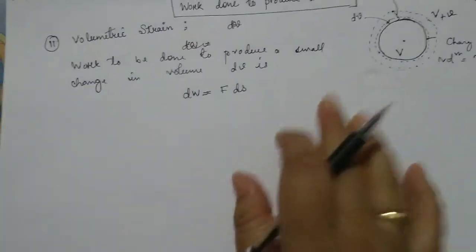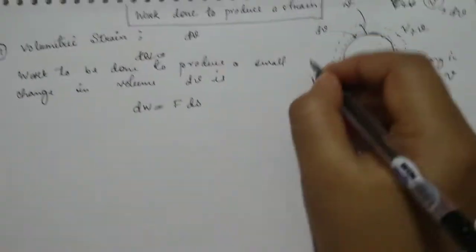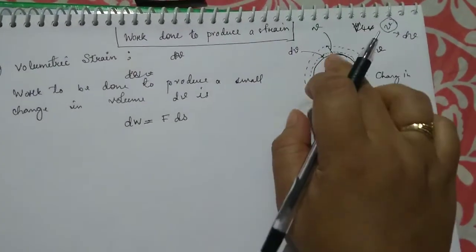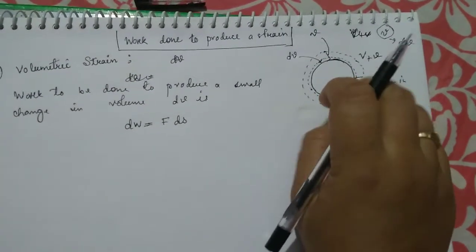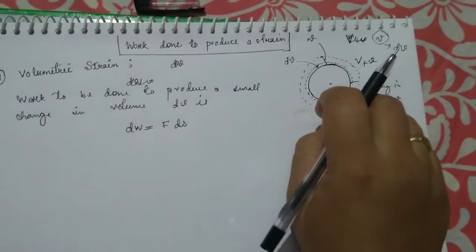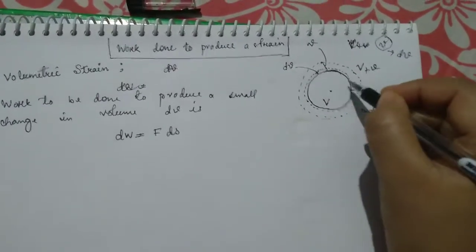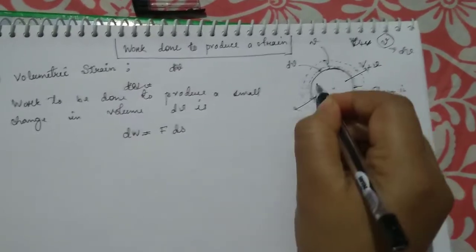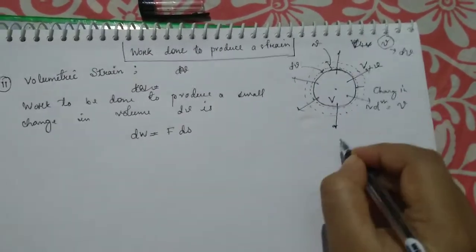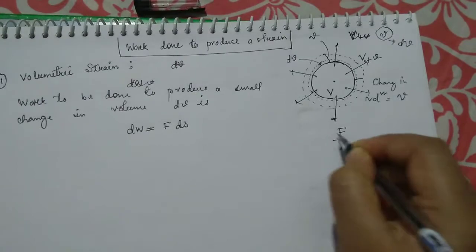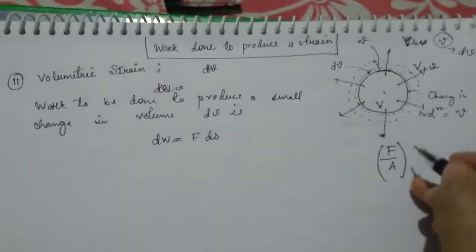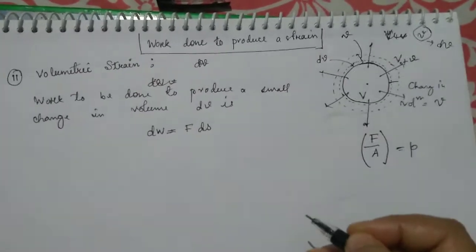But when we talk about the change in volume of a sphere, we cannot talk in terms of force. We have to talk in terms of pressure, because the force is applied in all directions uniformly. So it is better to consider force per unit area, and this is called P.